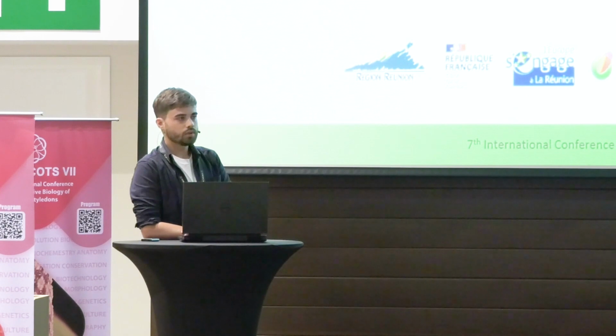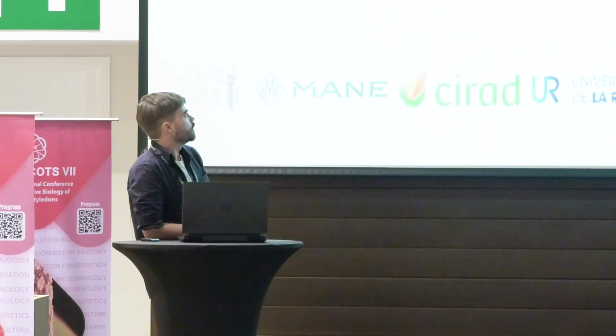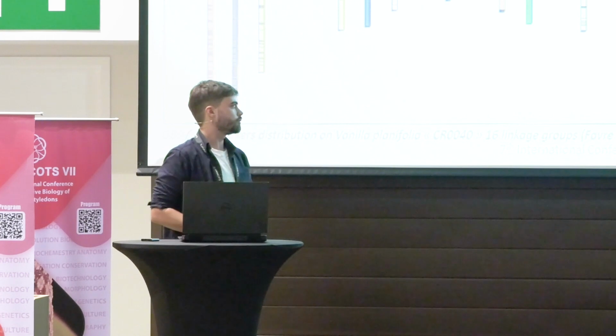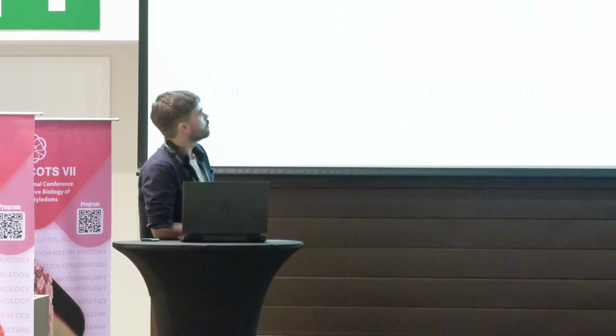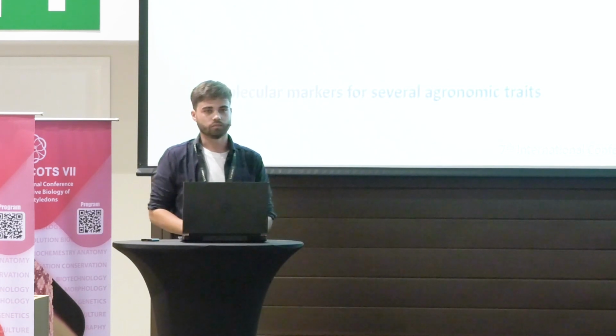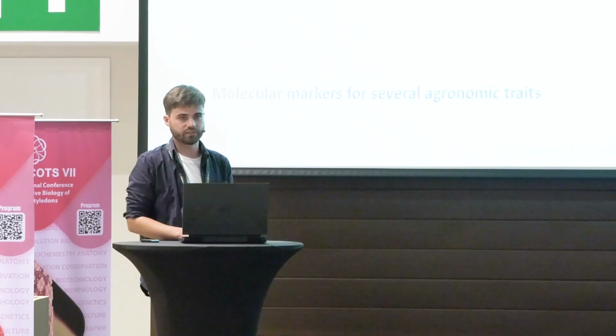For example, thanks to the genomic map and the genotyping of the population, Félicien Favre and Quentin da Silva, that you can see here, already identified some genomic regions that could be involved in the resistance.